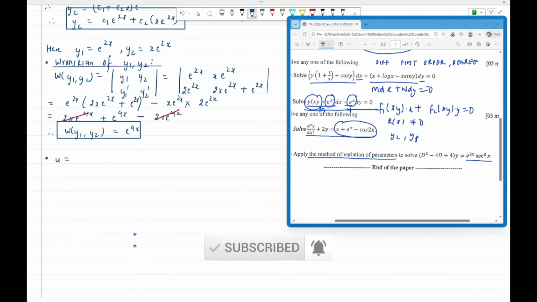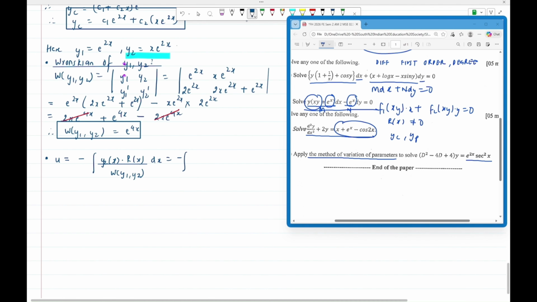So the function u is given as negative integral of y2 times r of x divided by the Wronskian. And as you can see, y2 is this. So this is going to be negative integral of x e raised to 2x times r of x.